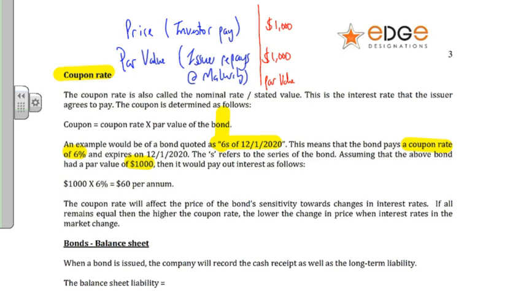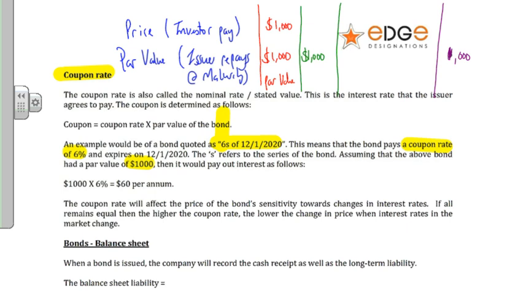I'm going to keep the par value at $1,000 for all my examples, and also make it a par value of $1,000 for the last one. Now let's go back.